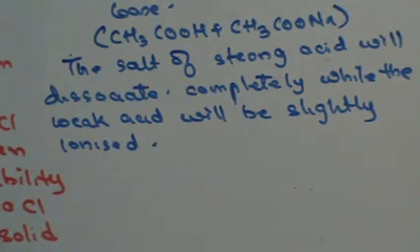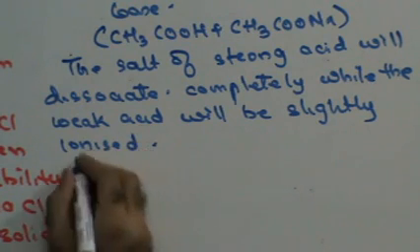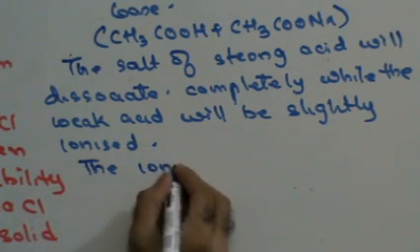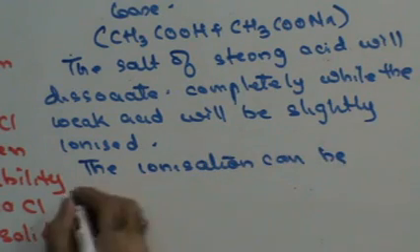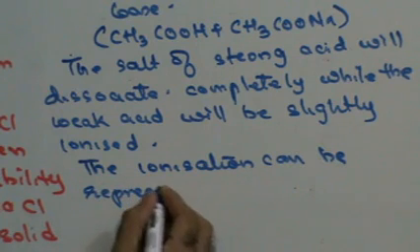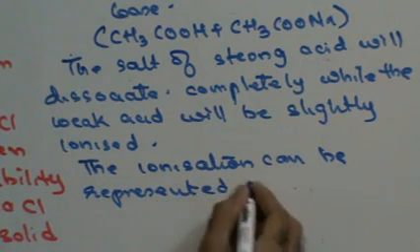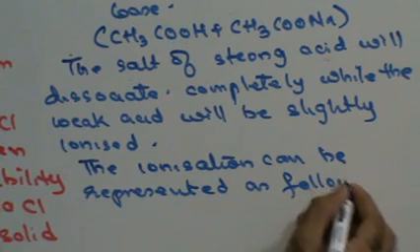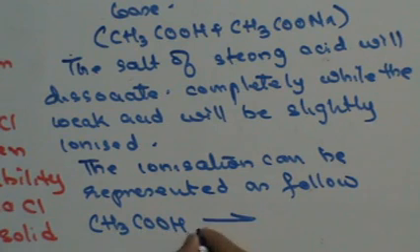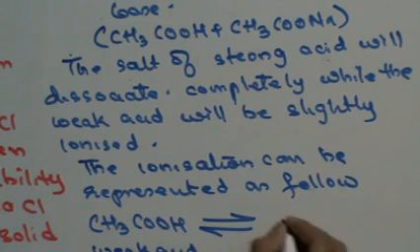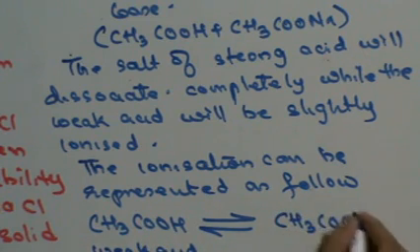Once I have this, I can say that the ionization can be represented as follows. You have acetic acid, this is my weak acid, which will ionize to give you acetate ions and hydrogen ions.